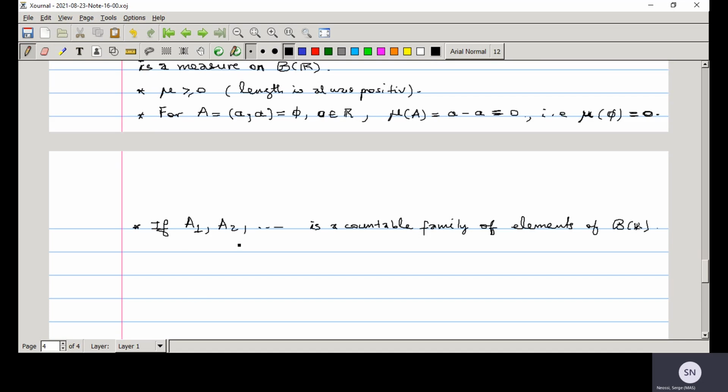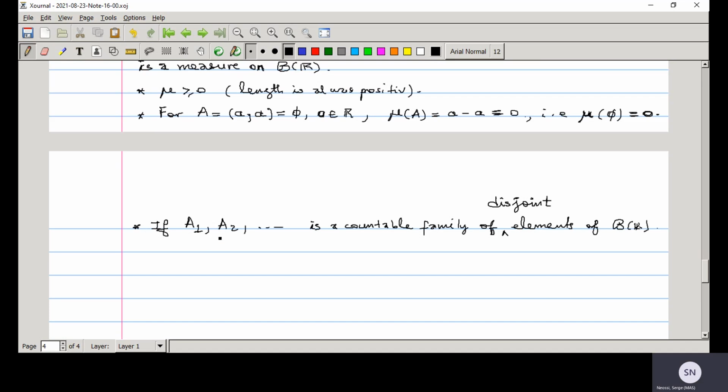If they are intervals, we can arrange this as a countable family of disjoint elements of BR.